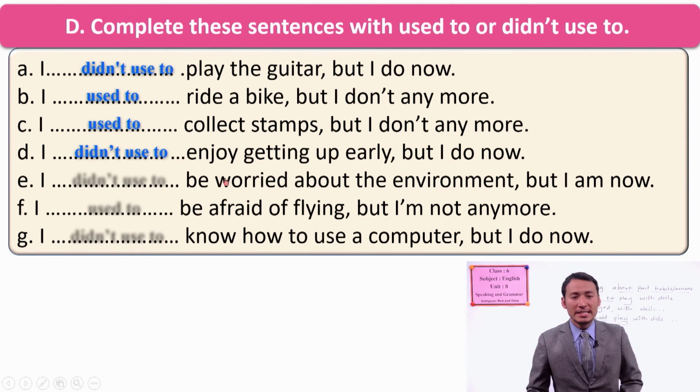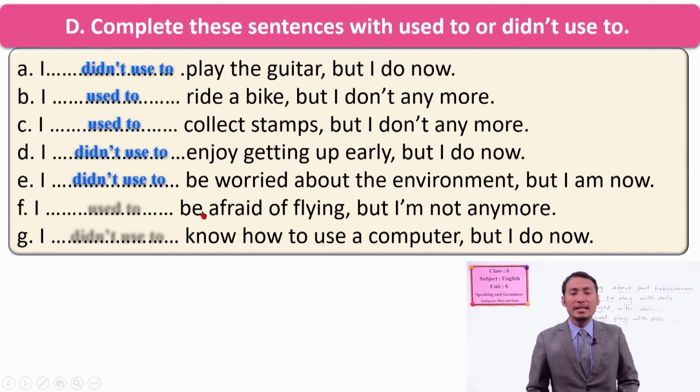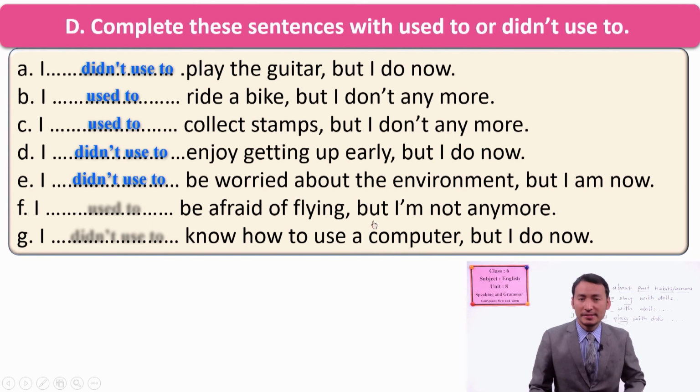Another one is E, be worried about the environment, but I'm now. So you are worried about the environment now, means you were not worried. So you can say I didn't used to be worried. Next, I be afraid of flying. Have you ever flown in an aeroplane? Are you afraid?